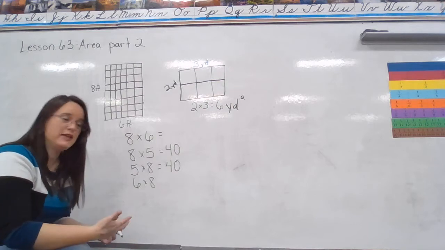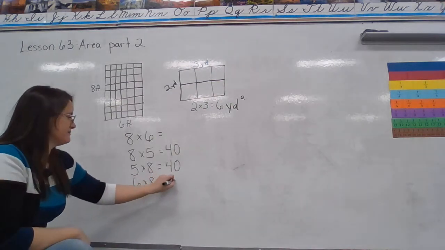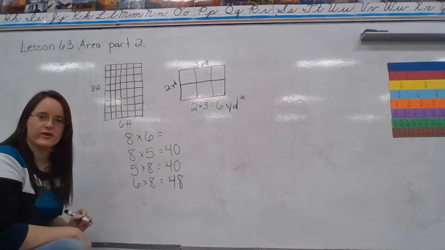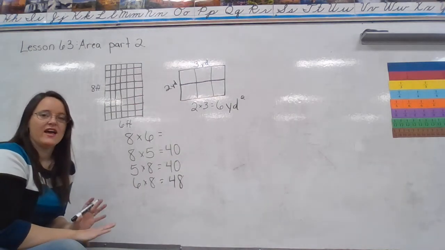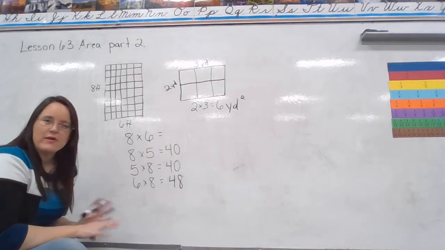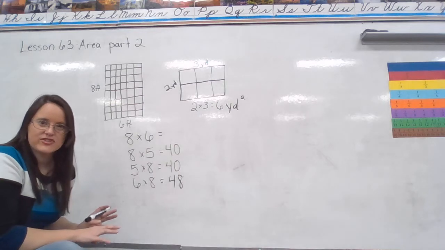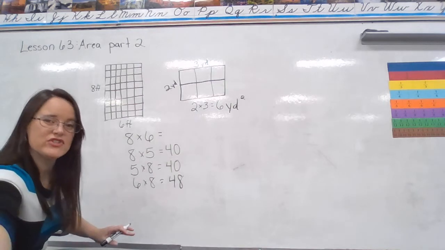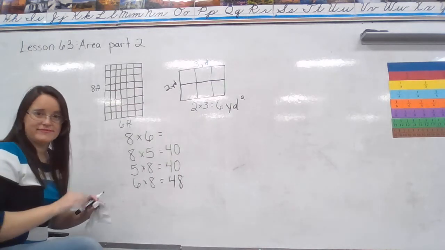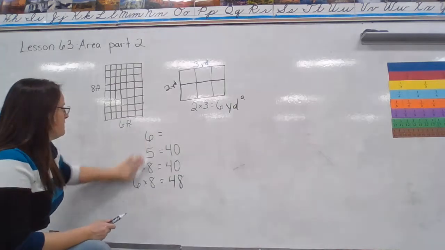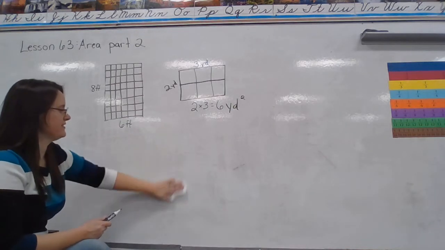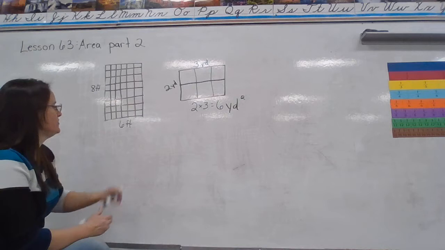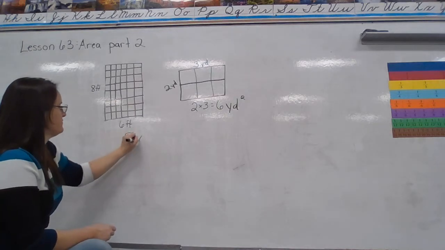It would add 8 more. So 6 times 8 gives me 48. That was a little how I do it quick in my head kind of strategy. If that confused you, then don't worry about it. Go back to counting by 6s or counting by 8s. Use the strategy that works for you.